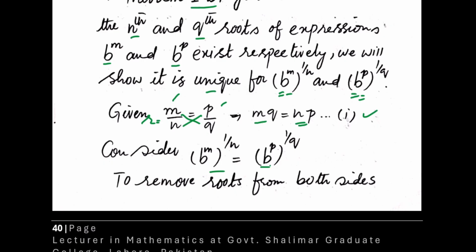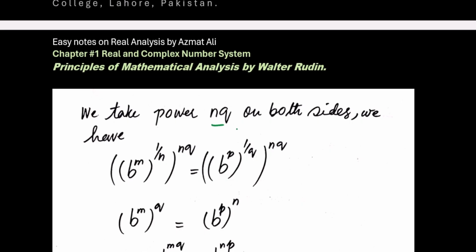So we will take them as equal and, by using this relation to remove the roots from both sides, we can write b raised to power m over n is equal to b raised to power p over q. The denominators of the two rational numbers are n and q, so to remove the roots from both sides, I will take the power nq on both sides.